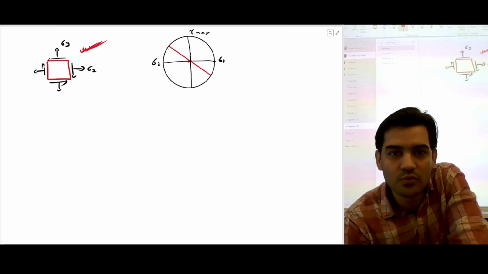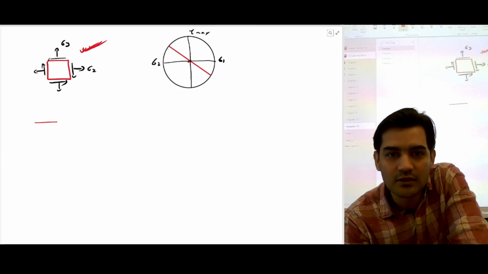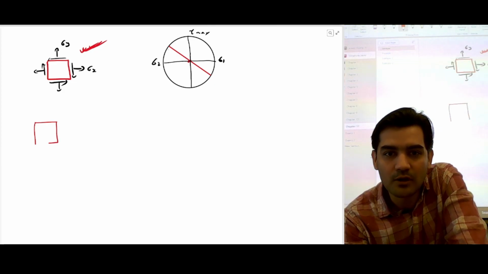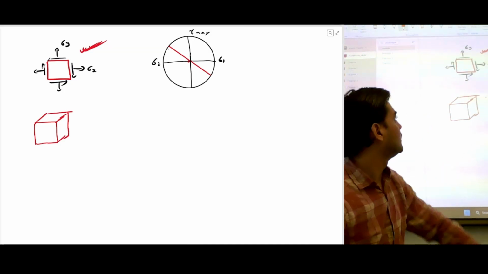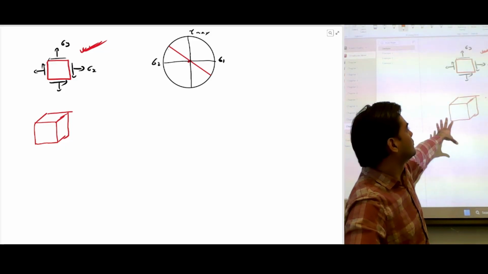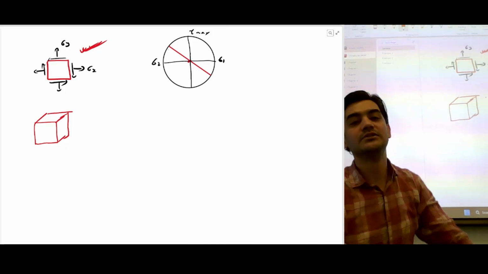But we can just quickly talk about three dimensions, though we're not going to go into detail. Similar to a two-dimensional stress element, we can also draw a Mohr circle for a three-dimensional stress element.